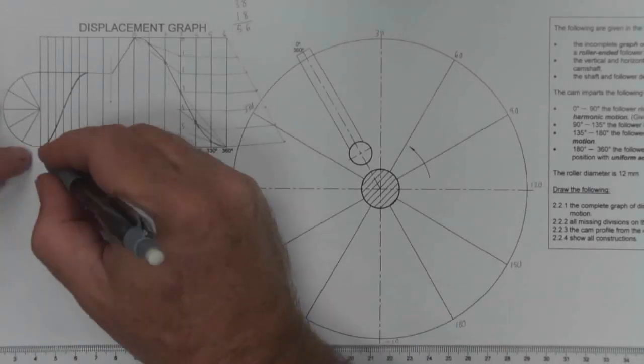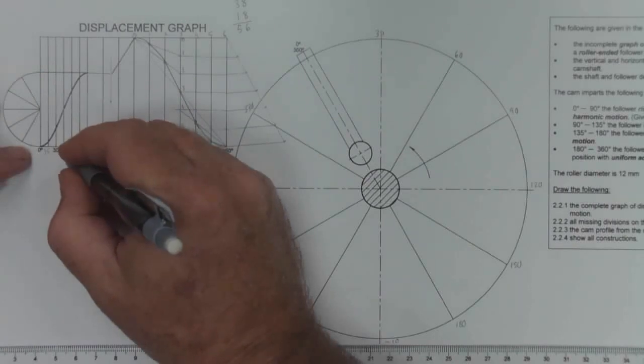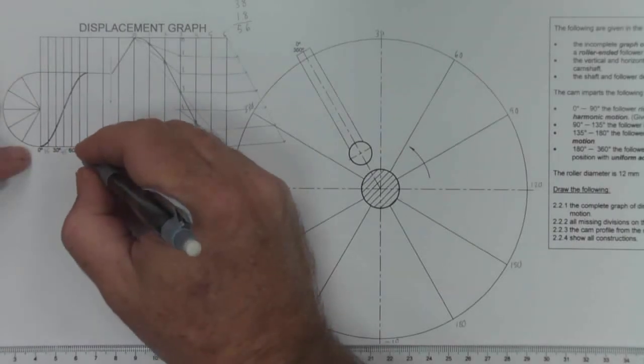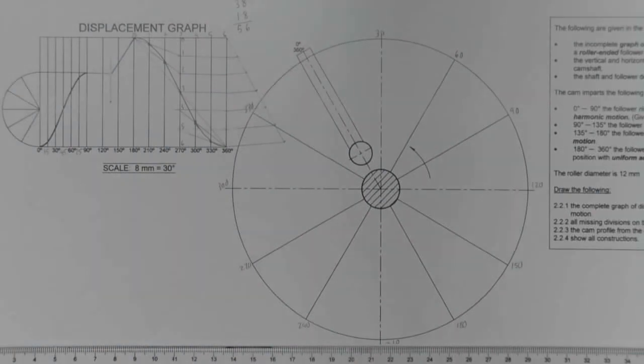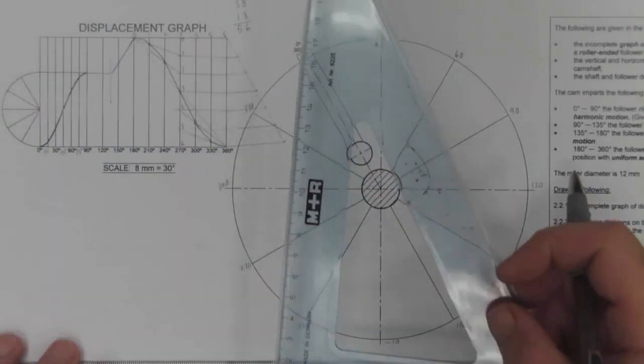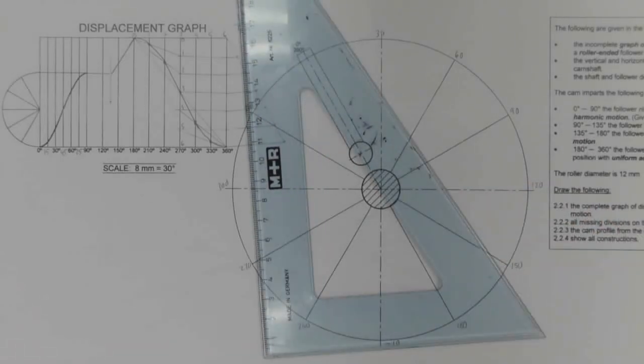We do need to add in some extra points here, so at 15, 45 and 75, which we will do using our 2 set squares.